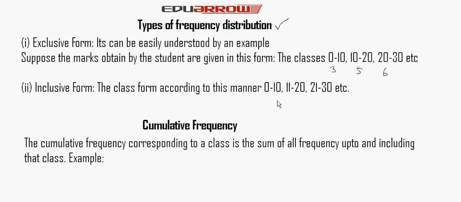In exclusive form, there are 0 to 10 and 10 to 20. Here the class ends with 10 and the next class starts from 10, but in inclusive form the class ends at 10 but the next starts from 11. It is called the inclusive form.